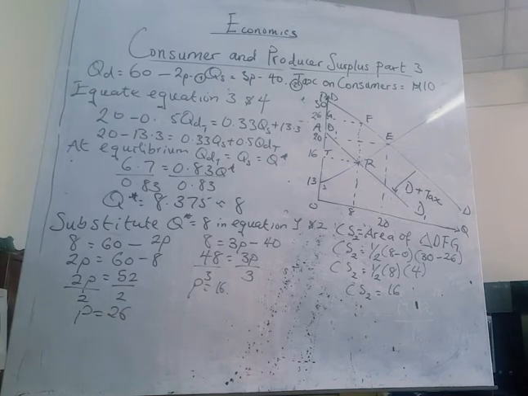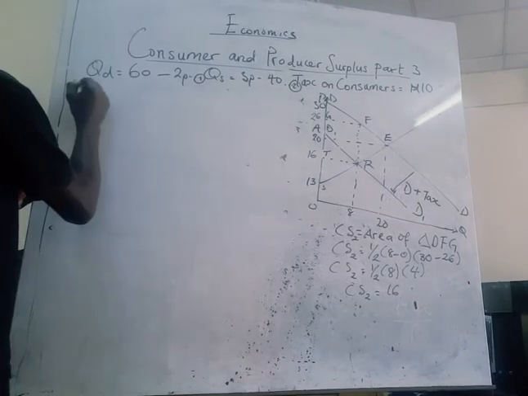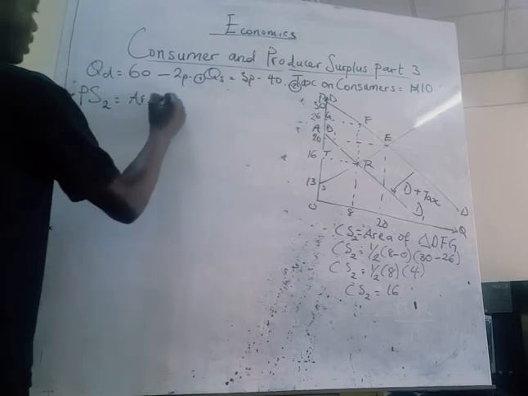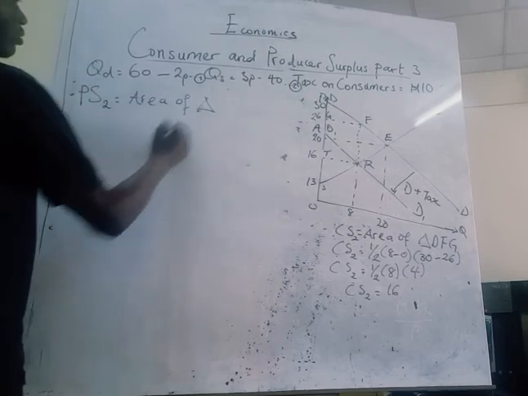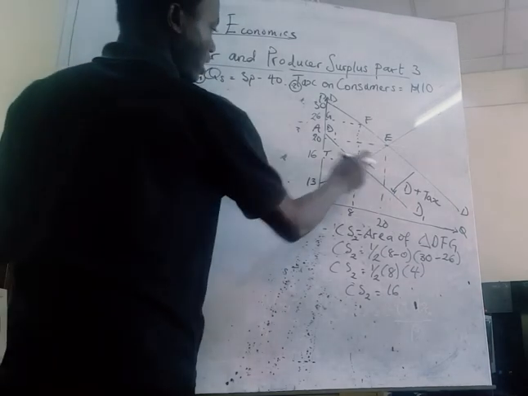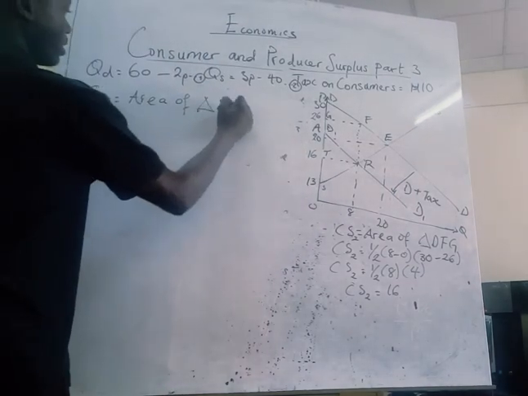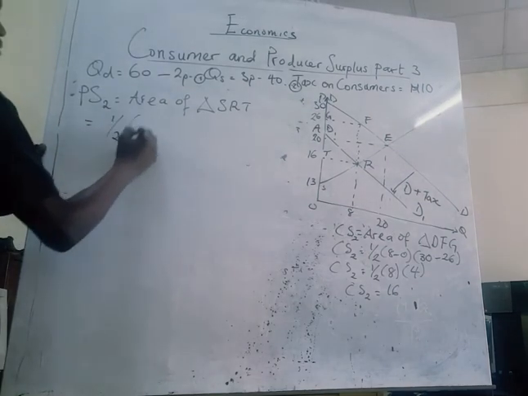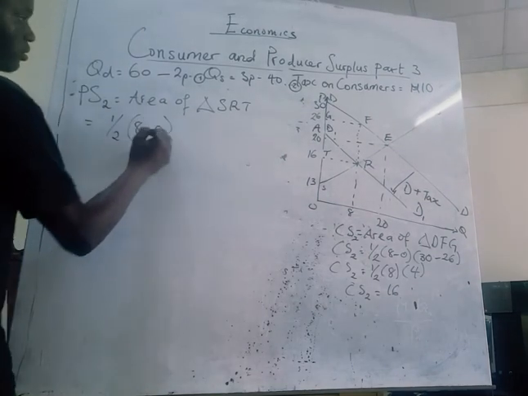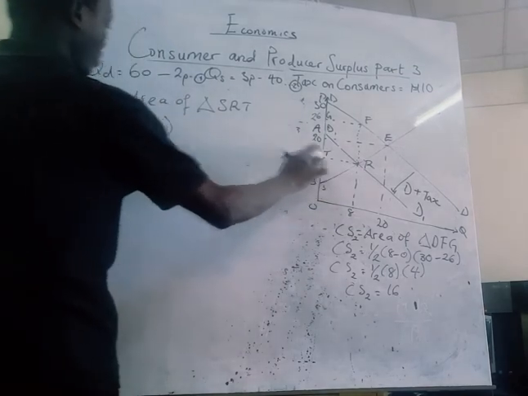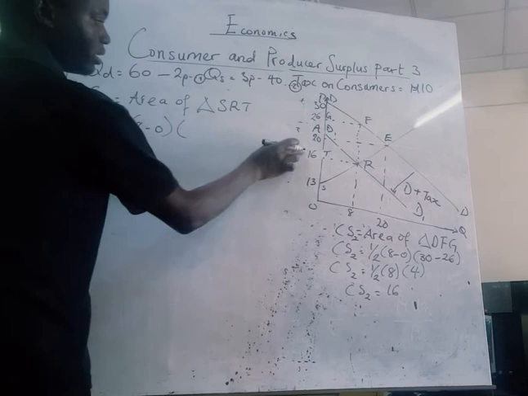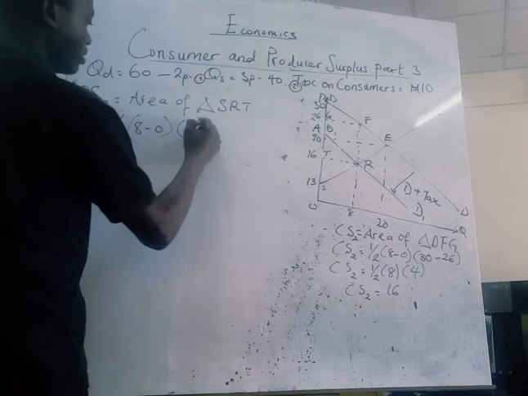So what then is our new producer surplus? Our producer surplus now, which we call PS2, equals the area of triangle SRT, and that is half. Then the base is 8, the same thing. This take away this, which is 8 take away 0, so the distance is 8. Then the height is 16 take away 13.